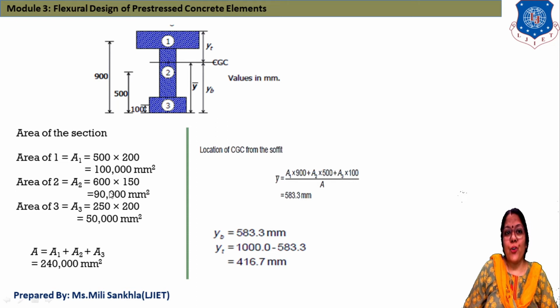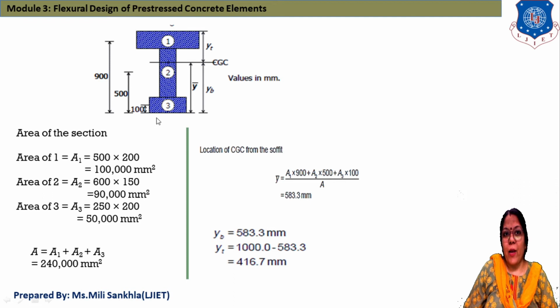Now we take the summation of these three areas, first, second and third. Our answer, area of this I section, is equal to 2,40,000 mm square. Now we find out Y bar, location of CGC, that means centroid of concrete, from the soffit, that means bottom of our beam.